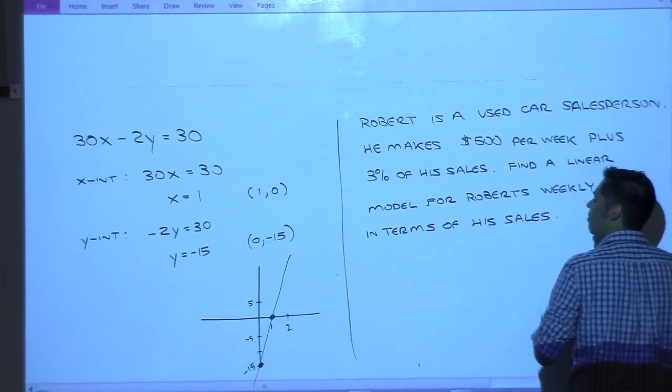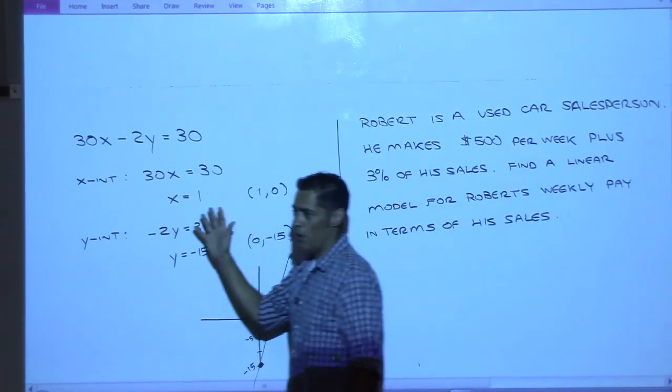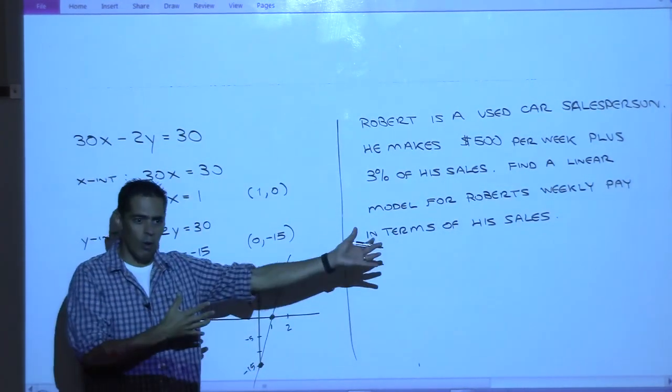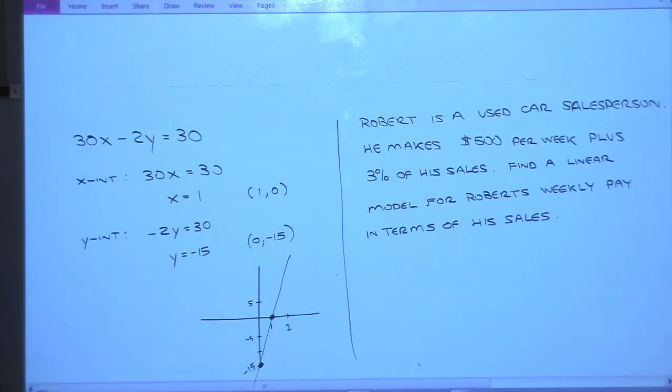All right, so this problem right here is exactly one of these problems, all right? It's just now it's worded like a more real world situation. But it's the same thing. We want to find some linear model, draw the line, all right?